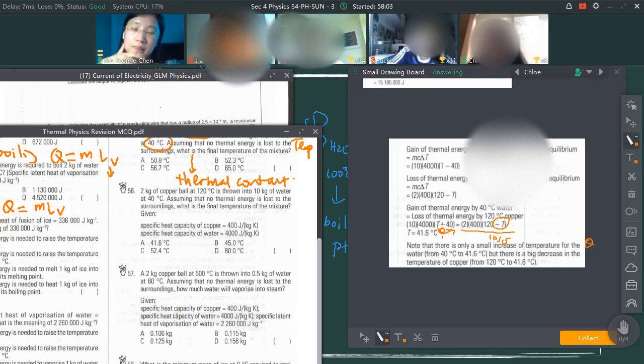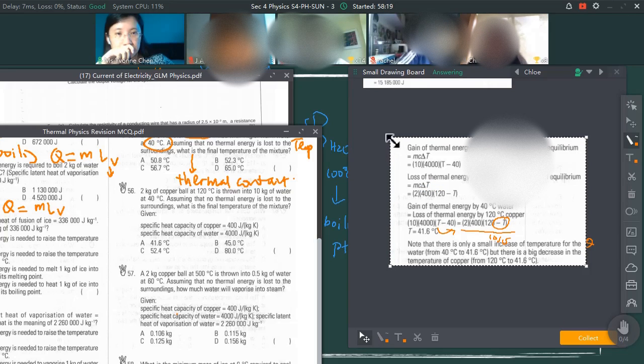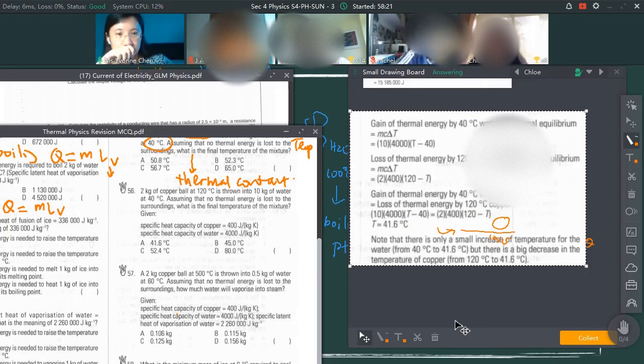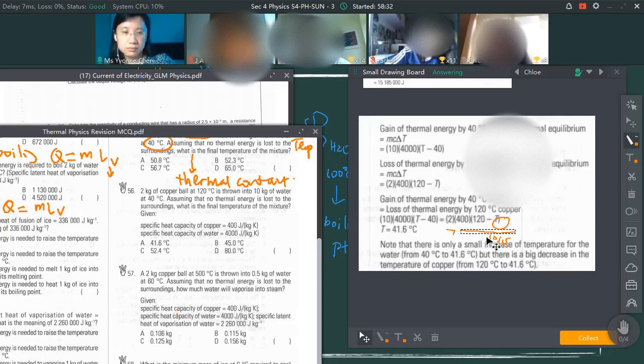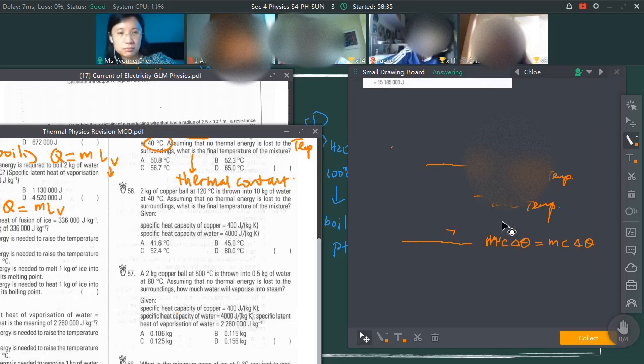So it's T minus 40. Oops, sorry, I accidentally deleted.